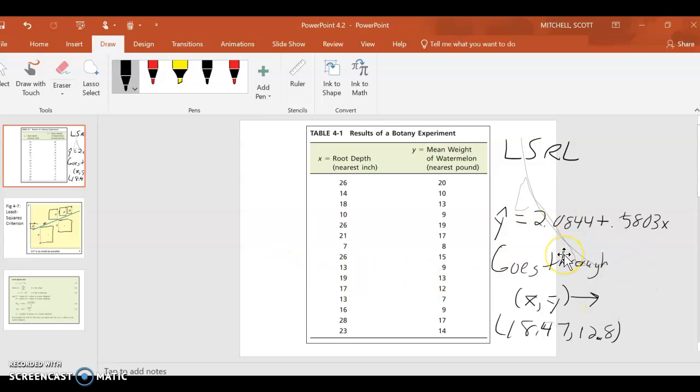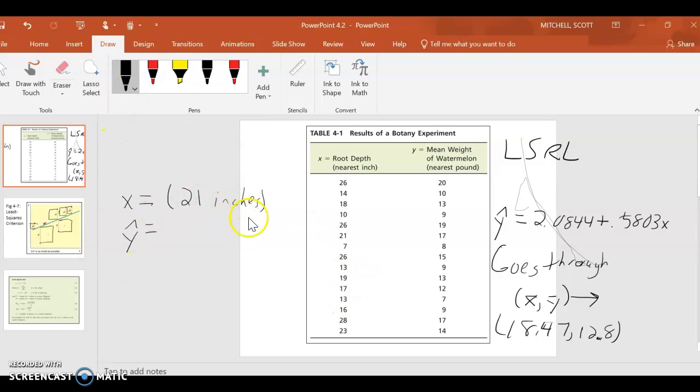The other thing to recognize is that this is a predicting line. It's not a guarantee. So you might have to find, okay, let's just say the root depth is 21 inches. What's the predicted mean weight?